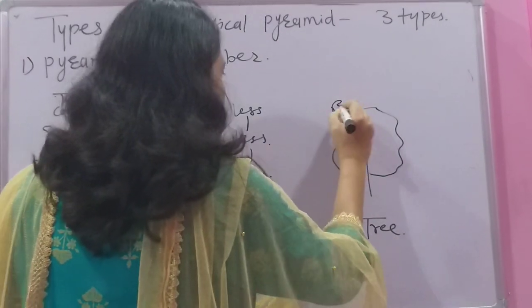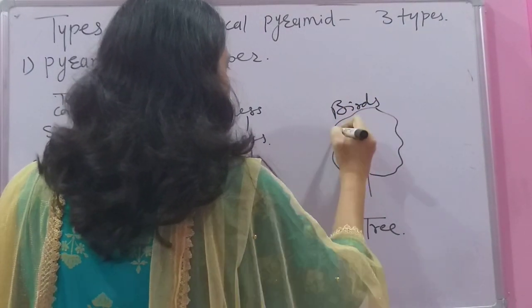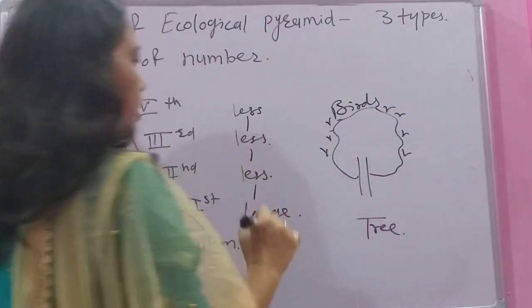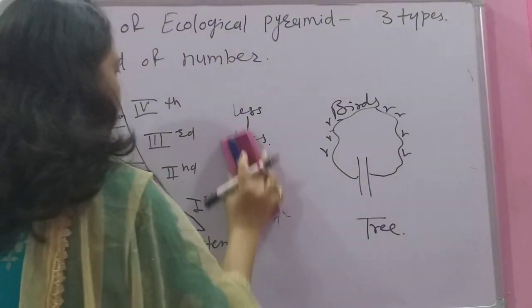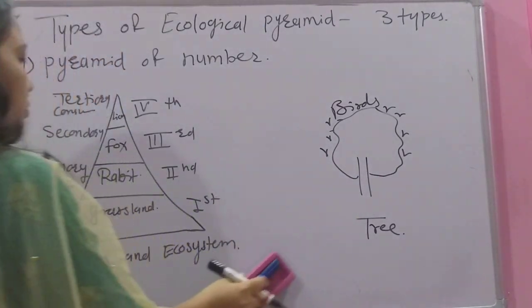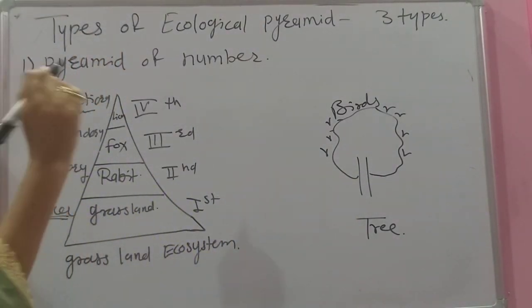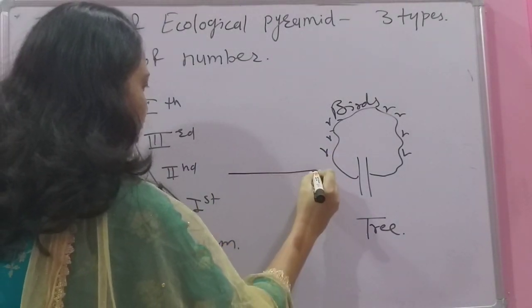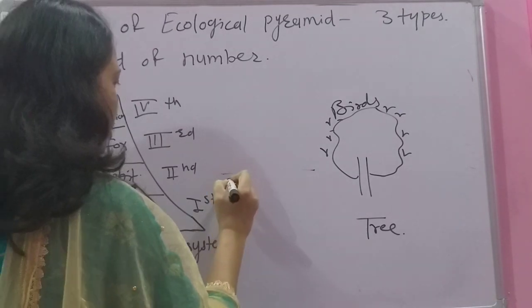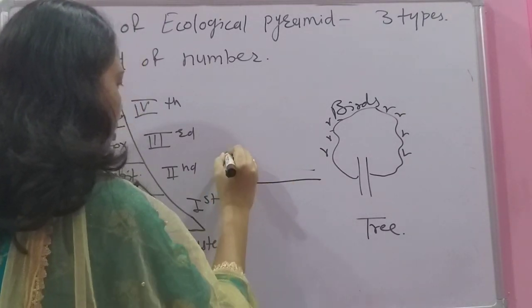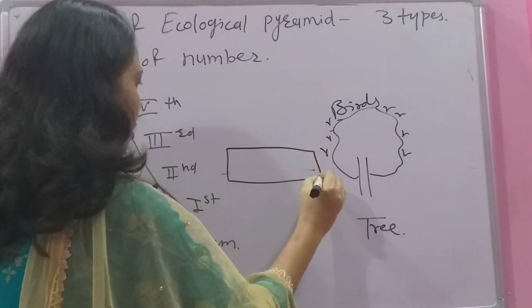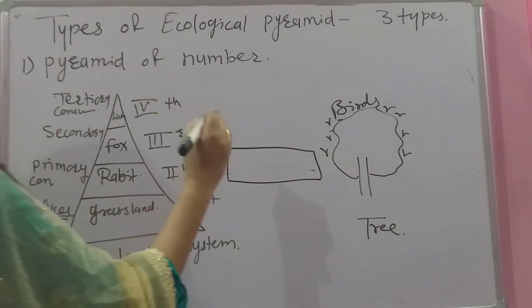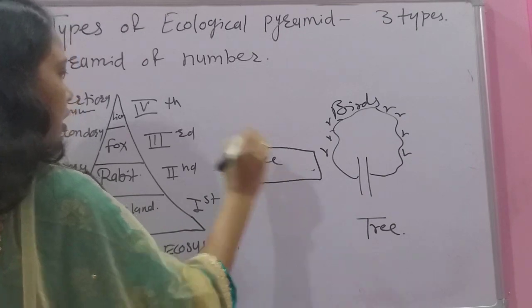various birds are present. The various birds on the tree, in this graphic representation, the tree means the first trophic level.